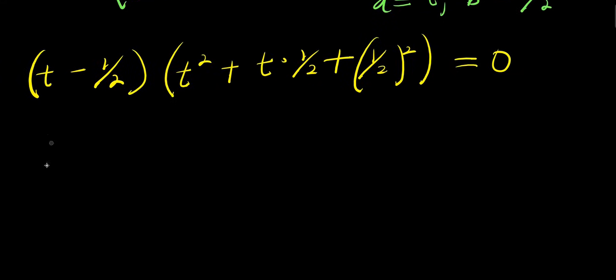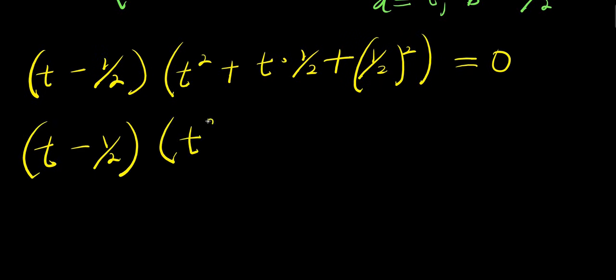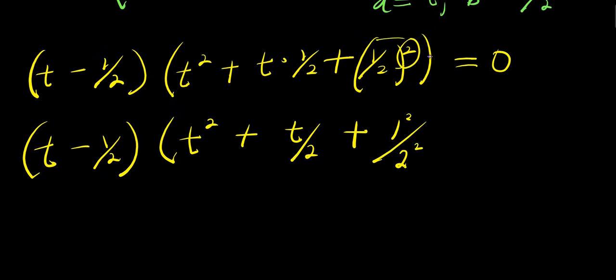So from here, I have t minus 1 over 2 times t squared plus t over 2 plus 1 power 2 divided by 2 power 2, distributing this to each of the terms here, and this equals 0.